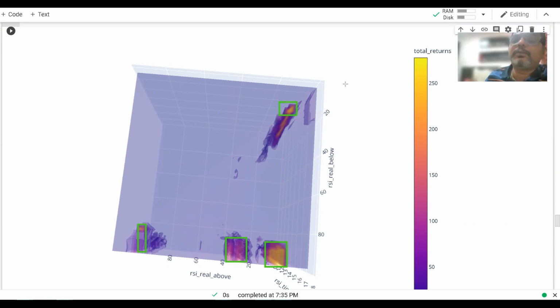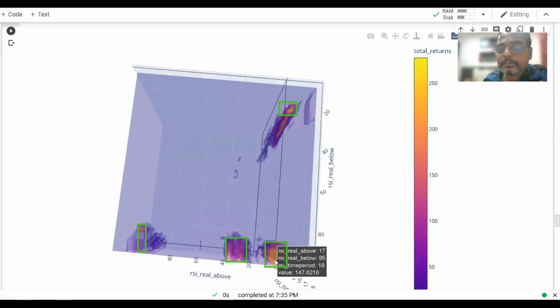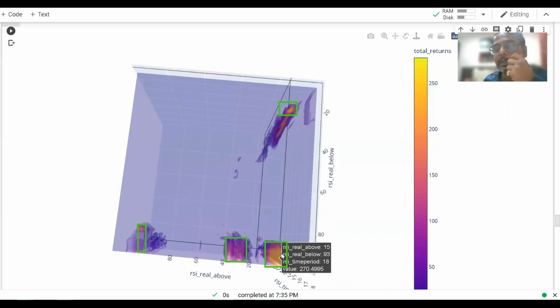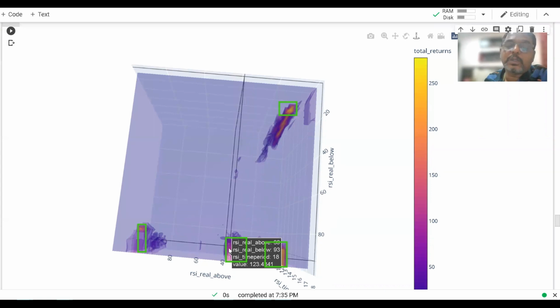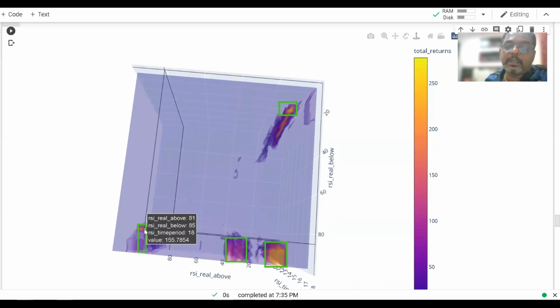Okay, so if I look at the values here, for example, here you would have made 277 times return. Here you would have made 147, 270, 272, pretty good returns. And these are opportunities which could have been there around those 13 years.